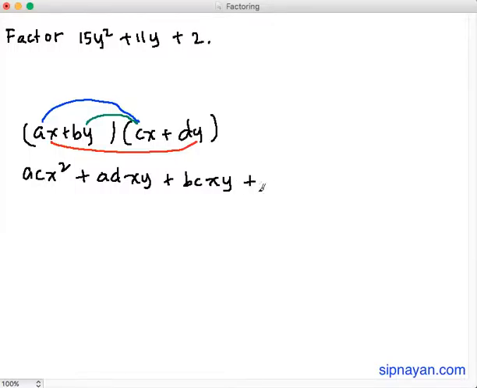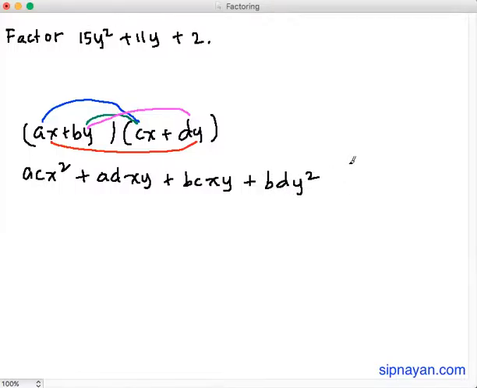And of course my last terms, by and dy: bdy squared.